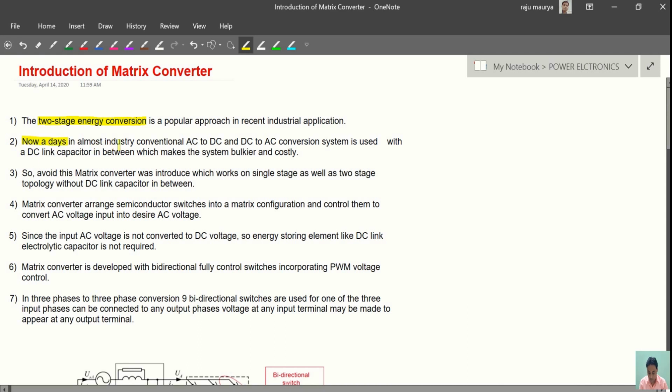Nowadays, almost all industrial AC to DC and DC to AC conversion systems use a DC link capacitor, which makes the system bulkier and costlier, and this can be treated as a disadvantage of the above system.